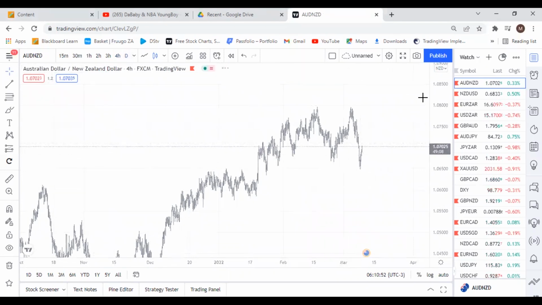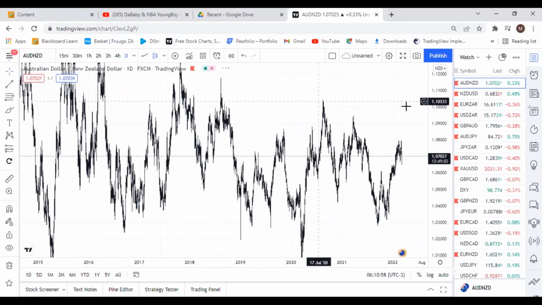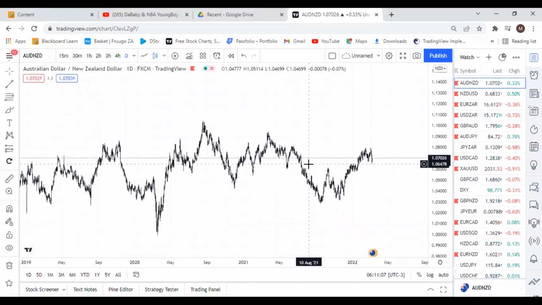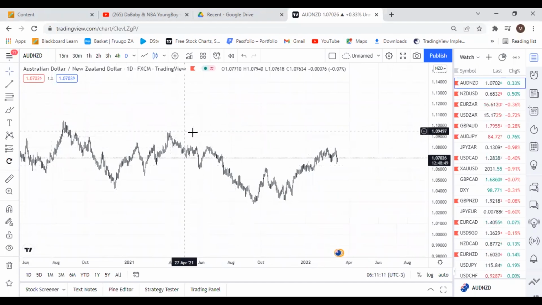The first chart is Australian dollar against New Zealand dollar. With these pairs, especially the ones that have big relations with the EU, you should consider watching the news as well, because these might be influenced.